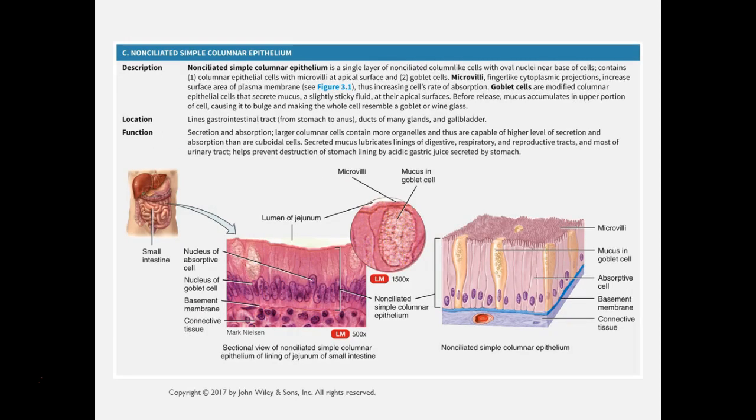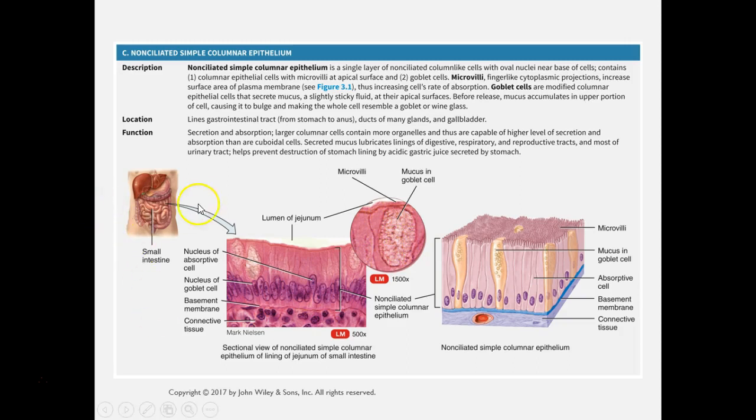Non-ciliated simple columnar epithelial. Well, that sounds like a mouthful, huh? But let's break down what that says. Simple, one layer. Columnar, tall and slender. Non-ciliated simply means that they don't have little hair-like projections. Cilia are tiny little hair-like projections that extend off the cells and move things along.